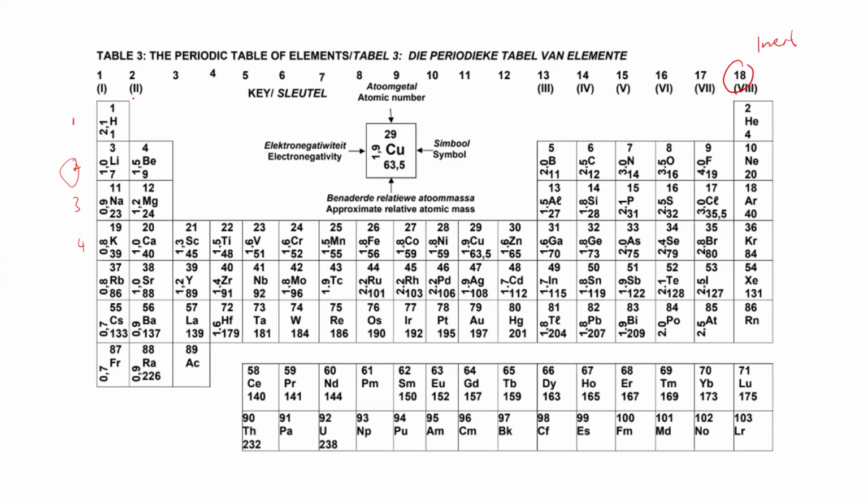Do you get it? Lastly, moving forward, we have group 3. Group 3, we have boron, aluminium moving downwards. It is in group 3, or you can say group 13. So how many valence electrons do these elements have? They have 3 valence electrons. Okay, so that's how it usually works.